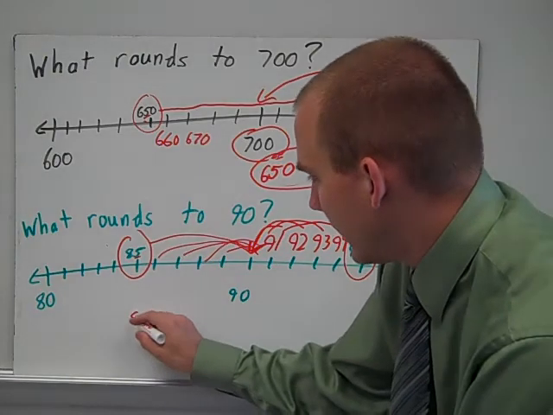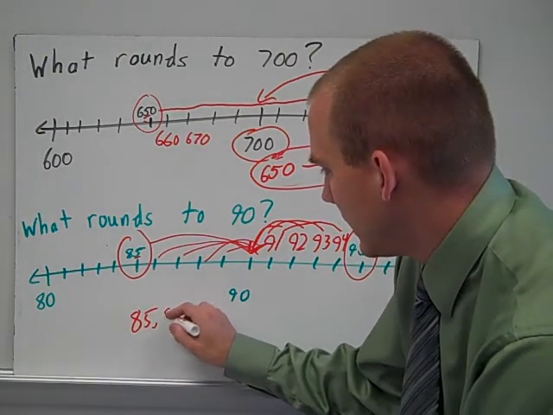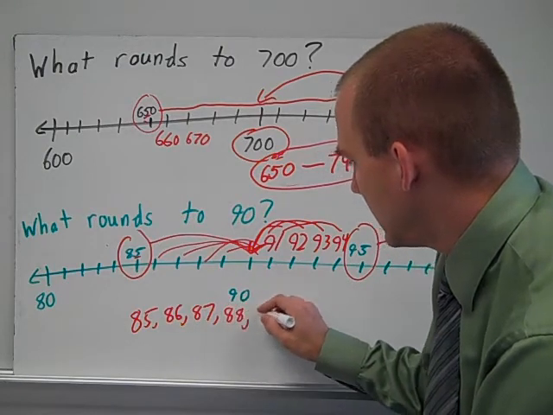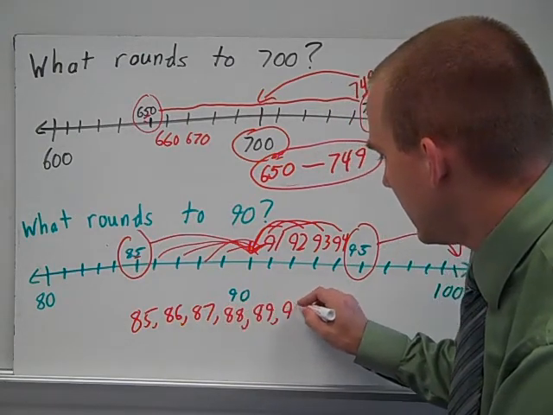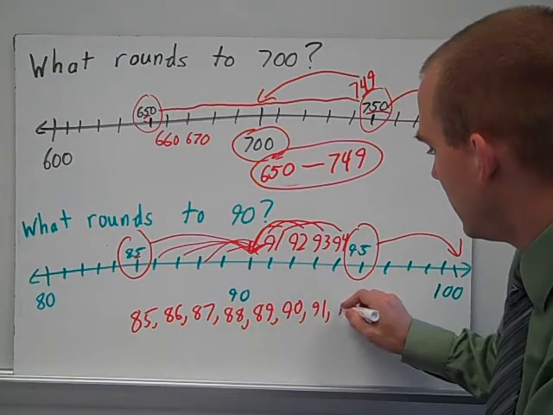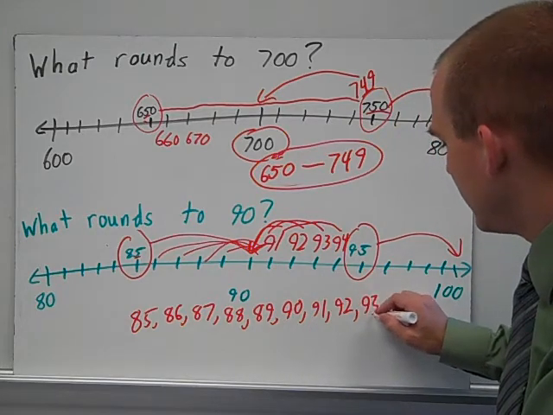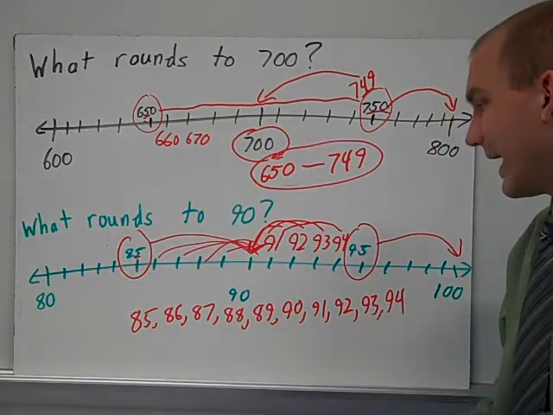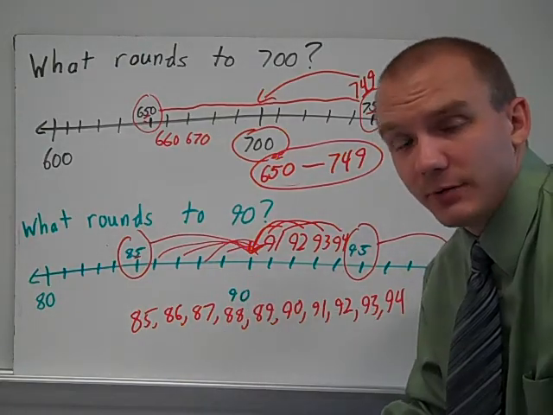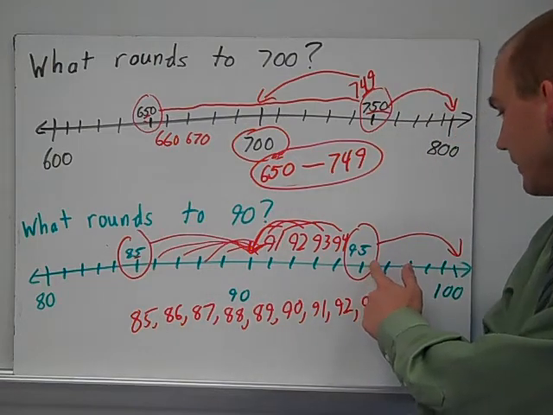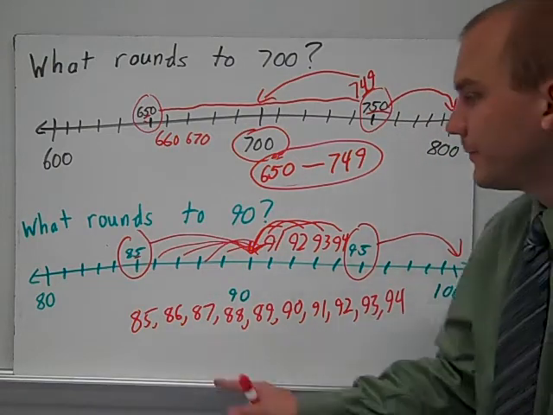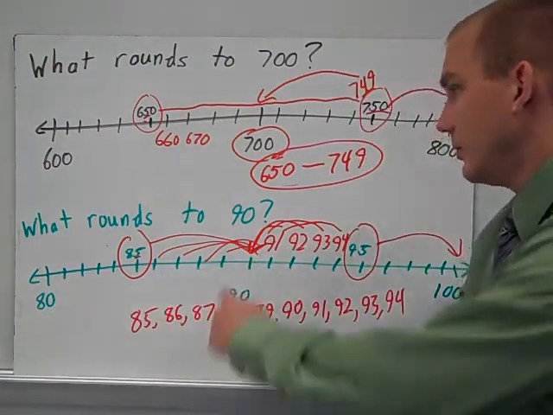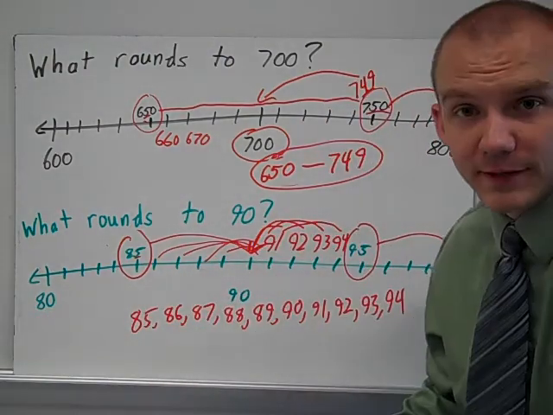So you have 85, 86, 87, 88, 89, 90, 91, 92, 93, and 94. All 10 of these numbers would round to 90 when rounded to the nearest 10. Once you hit 95, you would then round up to 100, and once you go back to 84, you're then rounding back to 80. So what rounds to 90? Well, all of these.